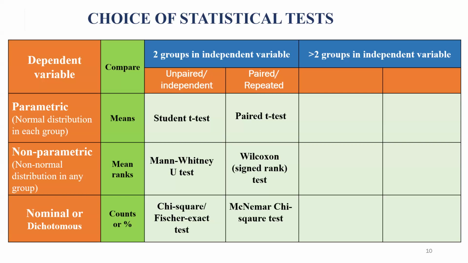Exactly right. It is McNemar's chi-square test. Why is it known as McNemar's chi-square test? Because it is based upon the assumptions of chi-square. All the assumptions of chi-square are met in McNemar also, and for interpretation also we use the chi-square table.